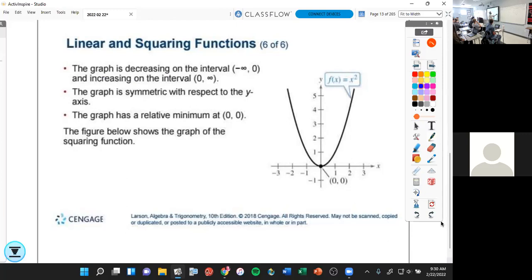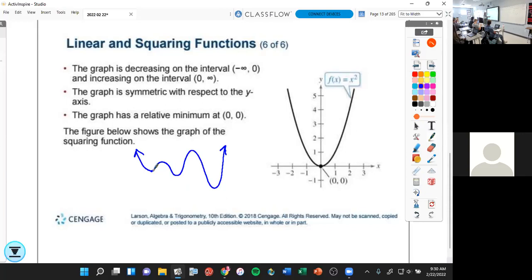Okay. I'm going to sketch a quick graph here. This point at the very bottom here is a relative minimum, which means the points close to it on both sides are higher.